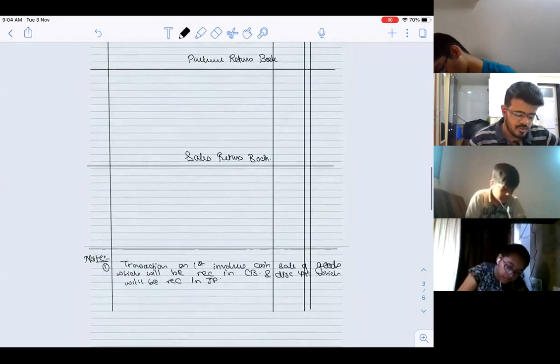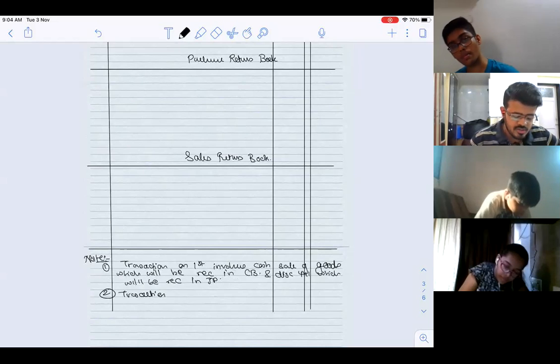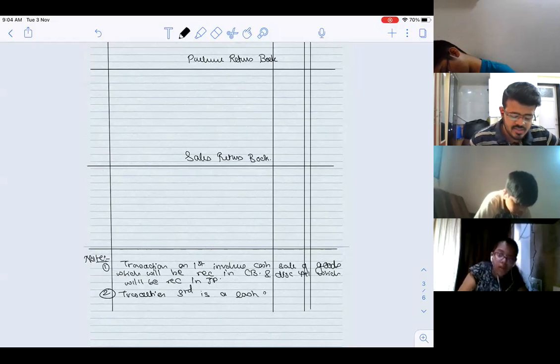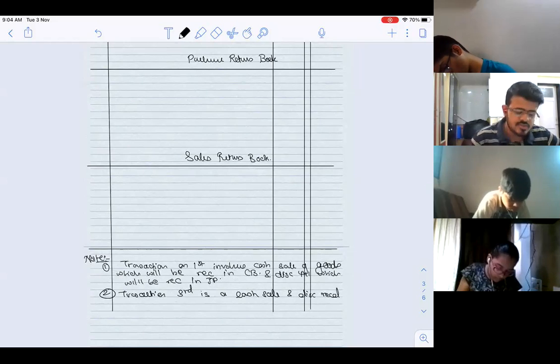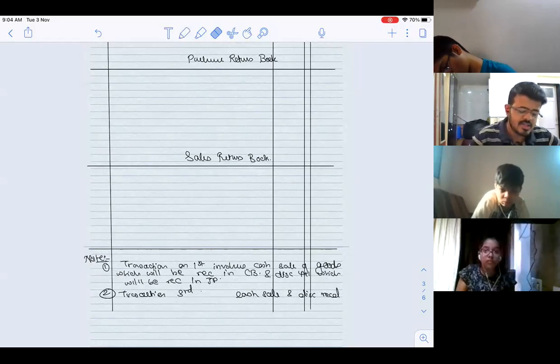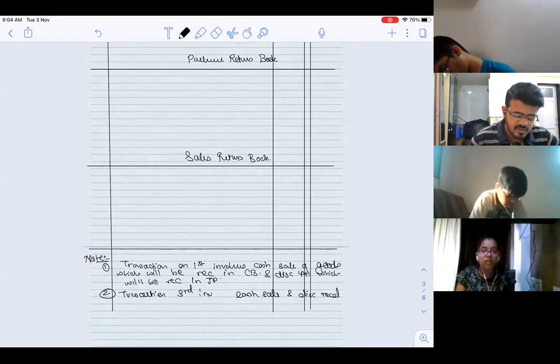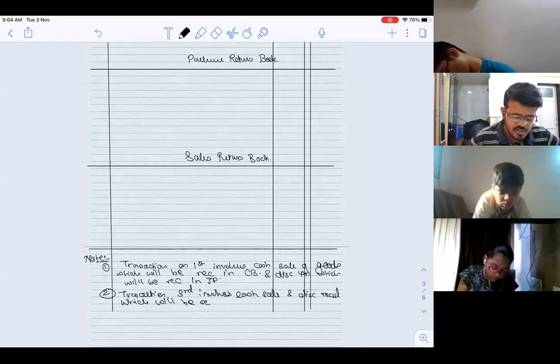Then you go to the note and mention their transaction on 3rd involves cash purchase and discount received, which will be recorded in cash book and JP respectively.